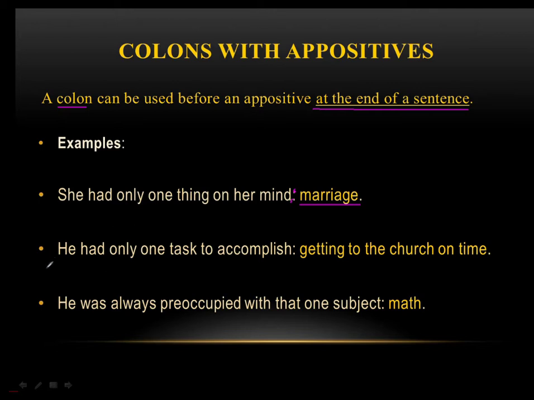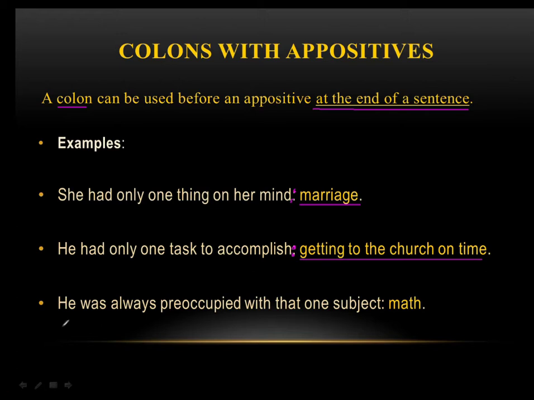Next, he had only one task to accomplish, getting to the church on time. Here's your appositive. It's a gerund, which is still a noun. He had only one task to accomplish, and since this appositive is at the end of the sentence, it's okay to use a colon.